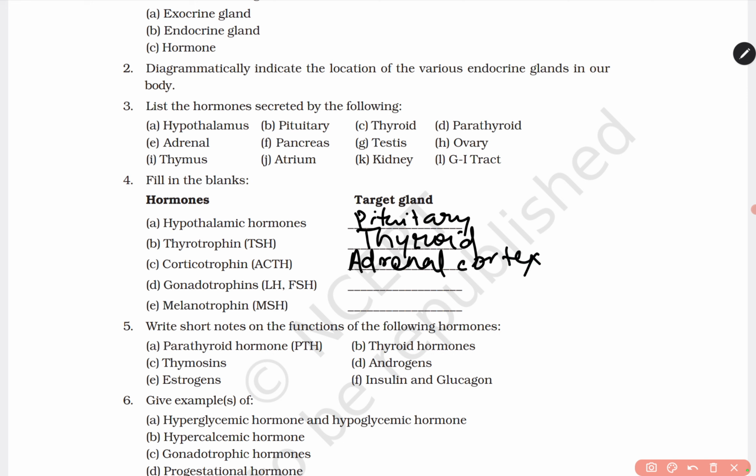Gonadotropin releases LH and FSH, and the target gland is the testis in male, and testis and ovary. Fifth one, melanotropin, MSH, and the target gland is the skin.